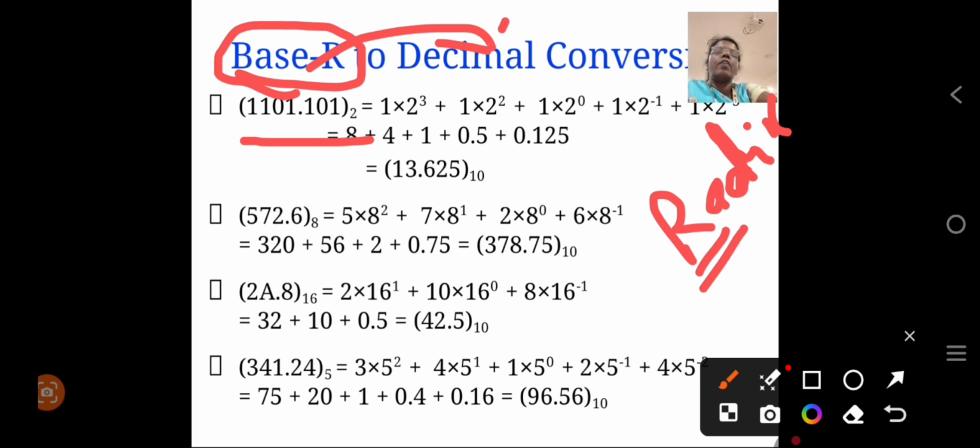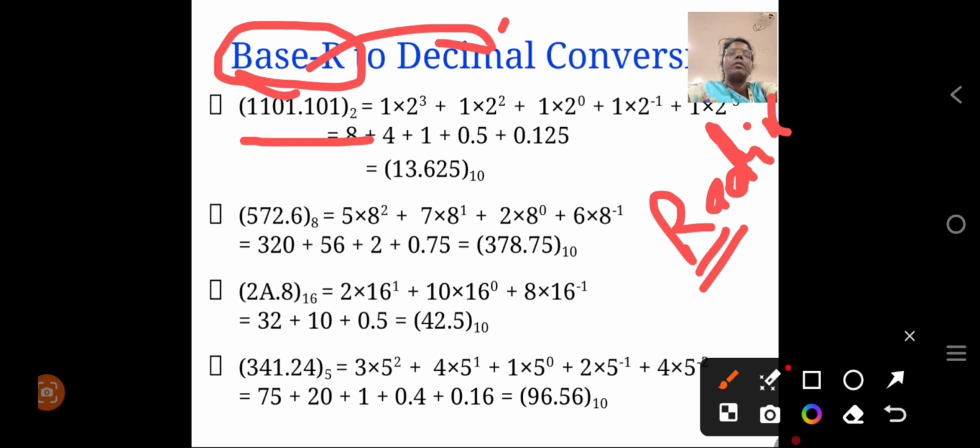We need to find the positional value for each and every binary bit. Take the reference point as the binary point. On the left side of the binary point we have the integer part, and on the right side of the binary point we have the fractional part. First take the integer part. The most significant bit is 1, and we have 4 bits only. For the fourth bit, the positional value is 3.